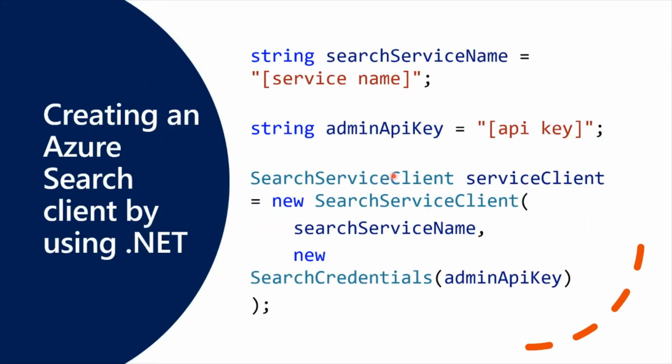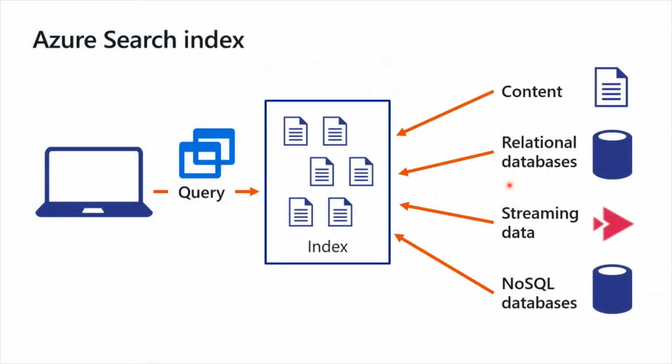And then you create a search service client using your search service name, which was this one, and the search credential, which was admin, using the admin API key. Simple, right? So now you have your search service client. Once you have your search service client, you can use it to query, index, or do other stuff.